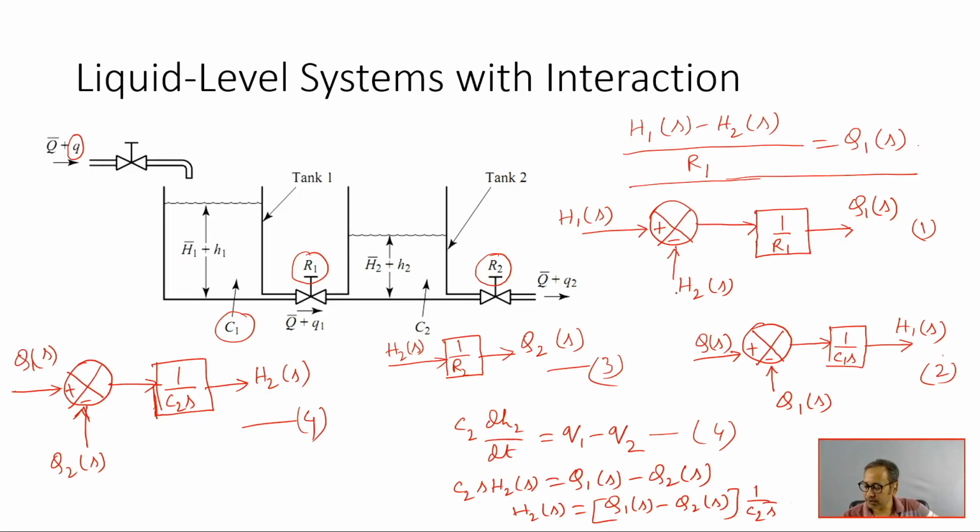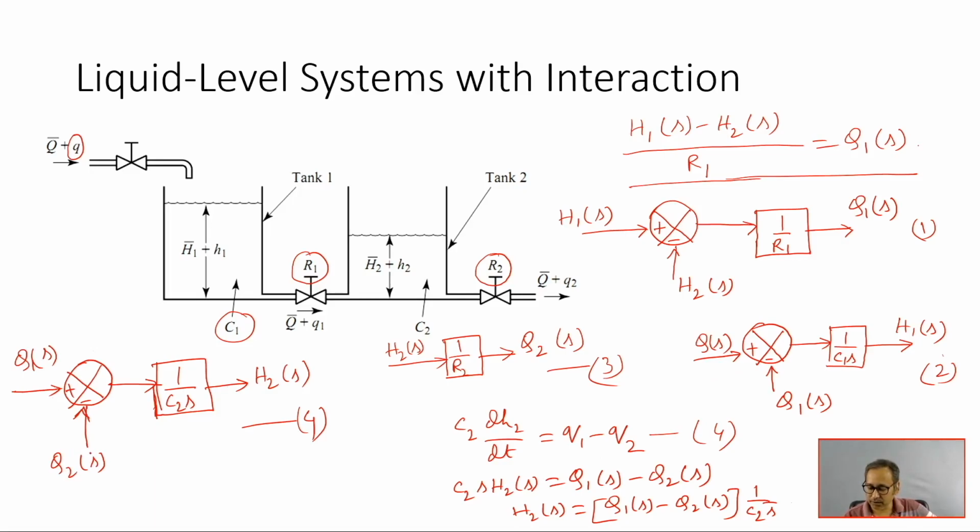In this case, H2 is input, in this case H2 is output. So, this output should be connected to here. Again H2 is input here, multiplied by 1 by R2 to find out Q2.